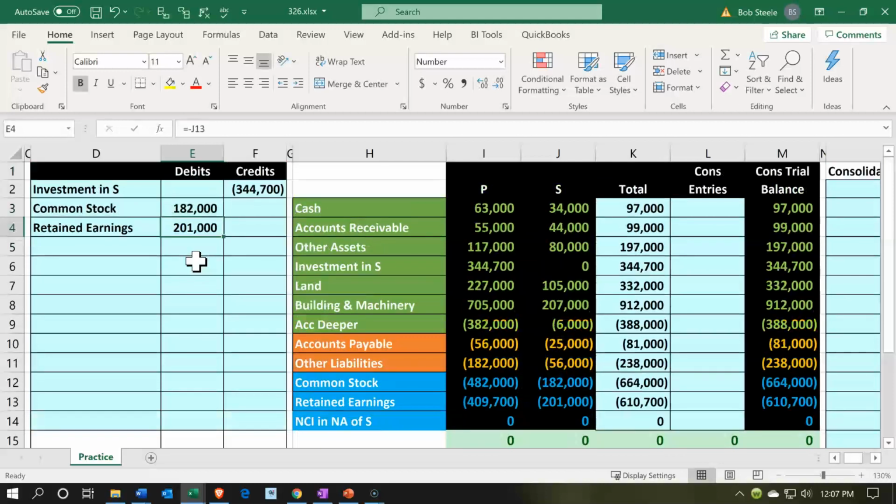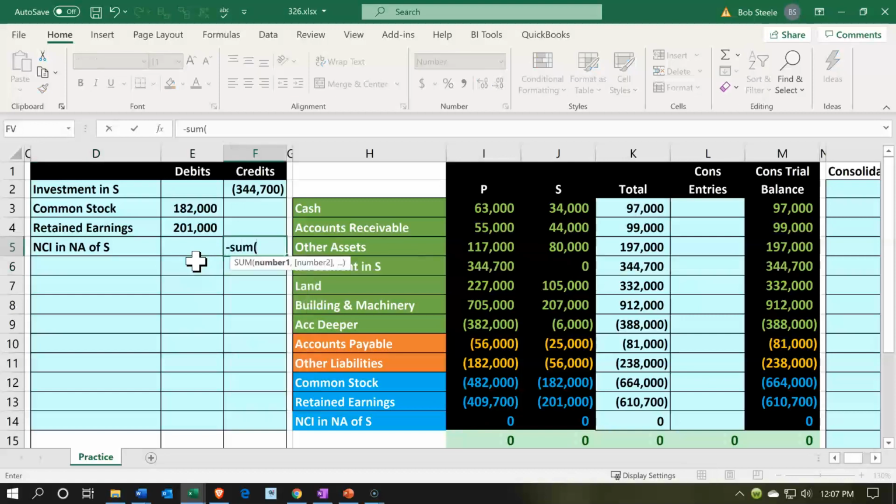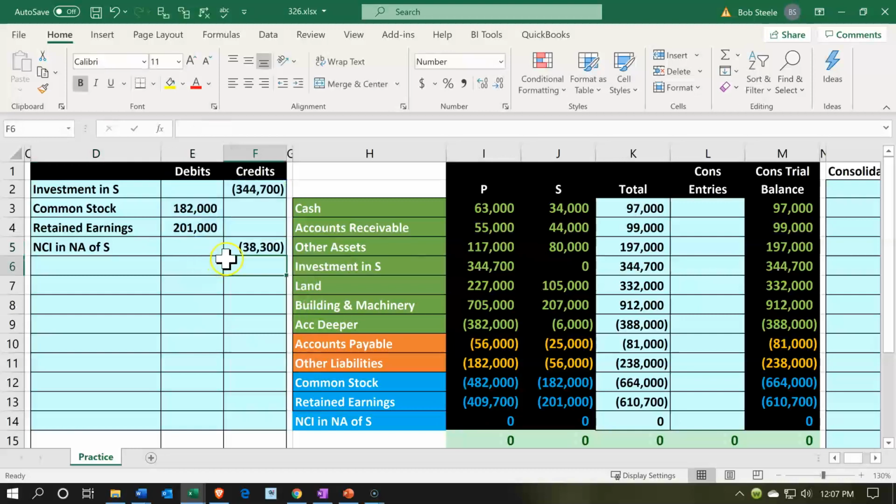And then we're going to add this other account in equity and break out the portion that we don't own, which we're going to call NCI in net assets of S, the non-controlling interest. By the way, we don't own this 10%. So there we have it. That's stuff that we had to include, but that's not ours, basically.